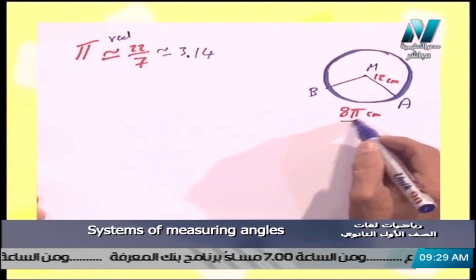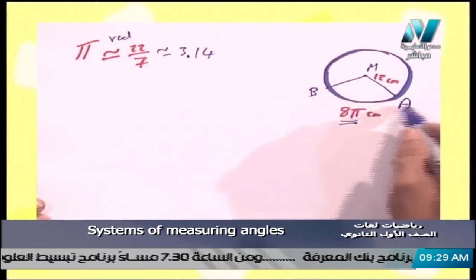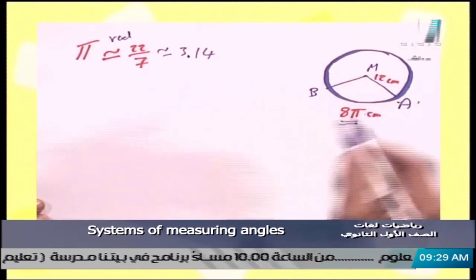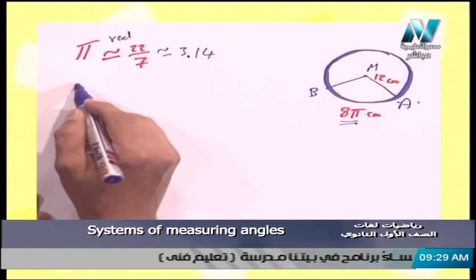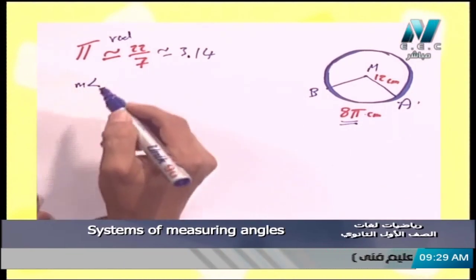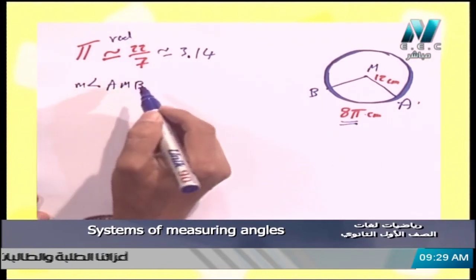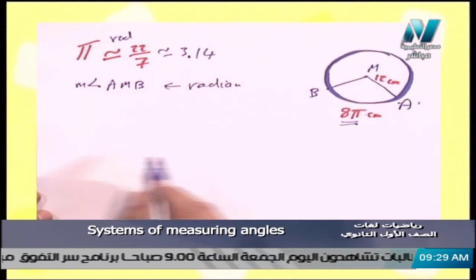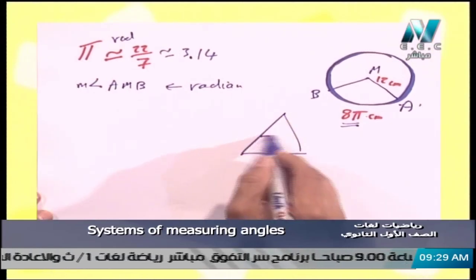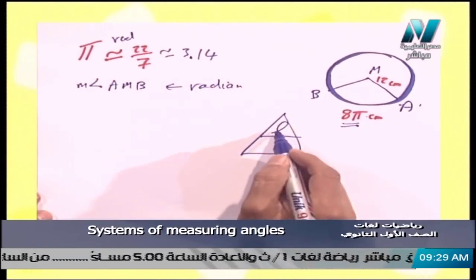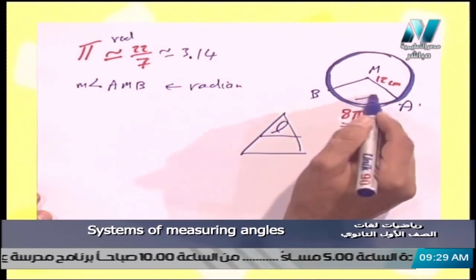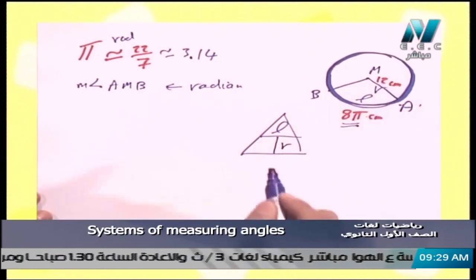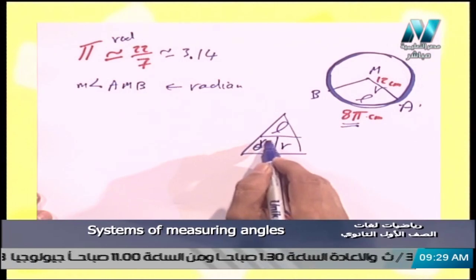So 8 pi is a radian measure for AB, which is the arc. The length of the arc here is 8 pi, the radius equals 12, and the request is to find the measure of angle AMB in radian. We know L is the length of the arc AB, R here is 12 centimeter, and we want to find theta rad.